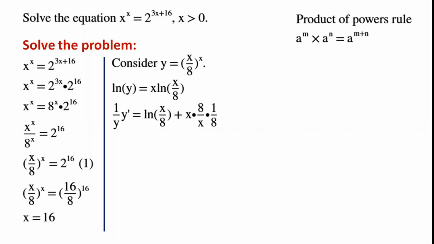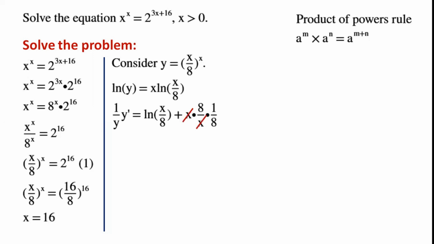Now differentiate this equation with respect to x. We have 1 over y times y dash equals ln (x over 8) plus x times 8 over x times 1 over 8.